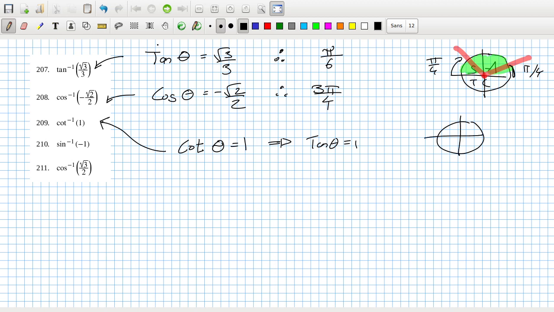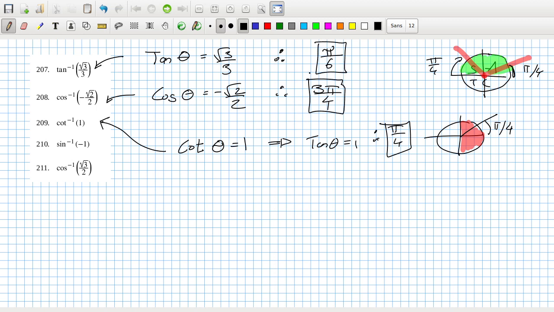And the range of tan are these two quadrants, but we must be in the first quadrant for the positive. That's pi over 4. So therefore pi over 4.